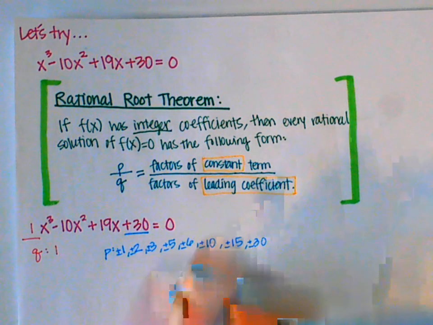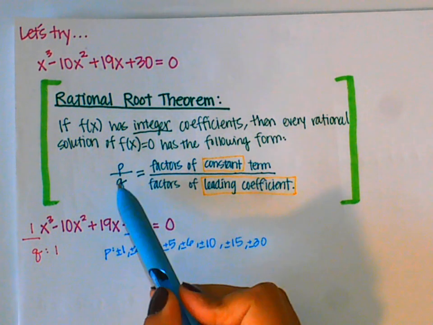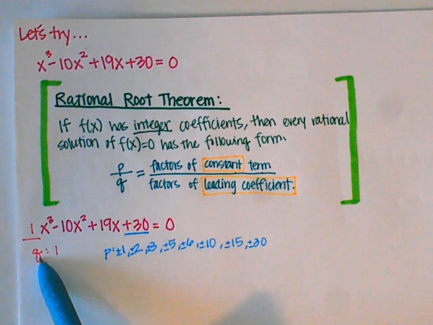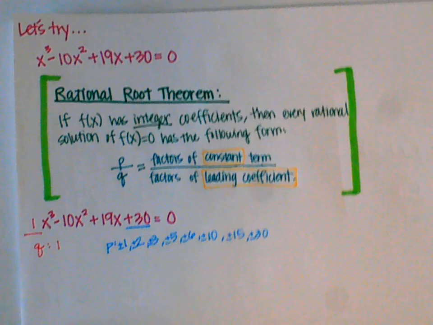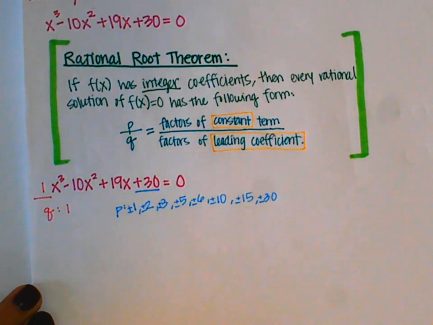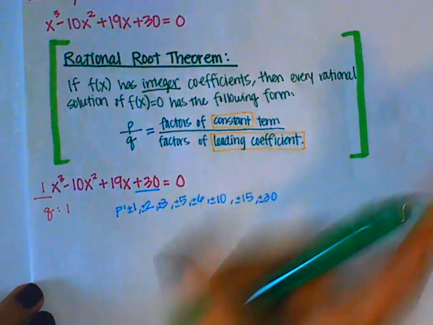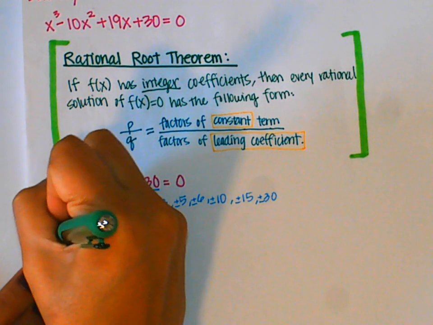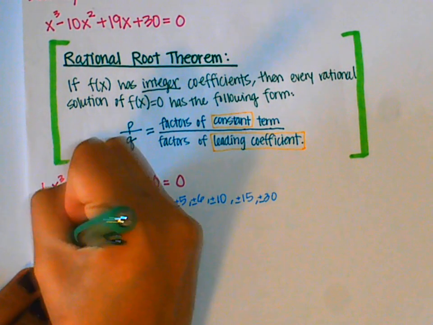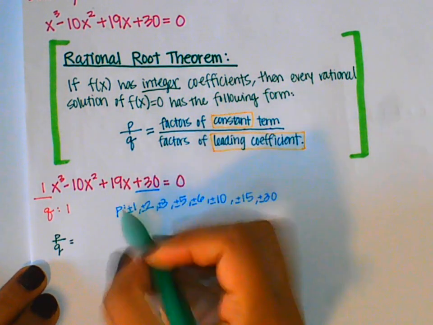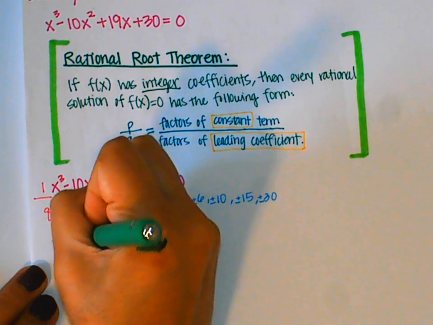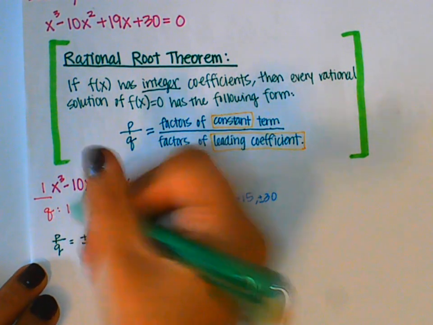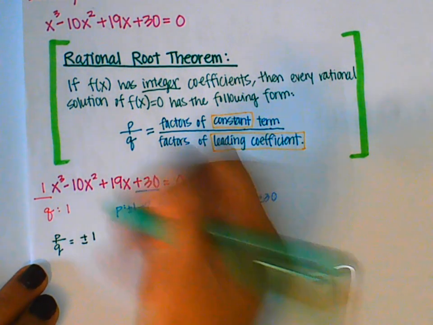Because now when I list out all of my possible factors, I have to do each individual p over all of my q's, which is just 1, so we just have to do all of these. Following the rational root theorem, p over q is plus or minus 1 over 1, which I'm not going to write because the denominator of 1 is just going to give me the same thing.